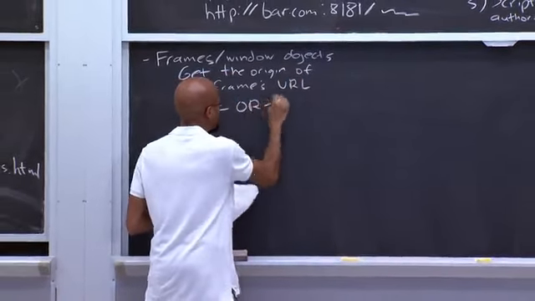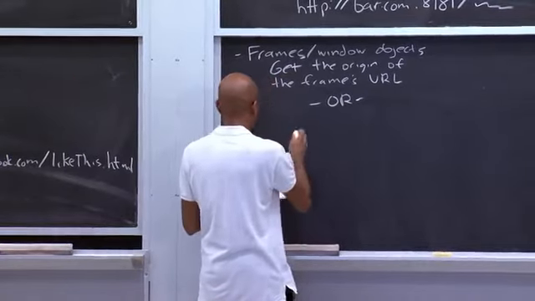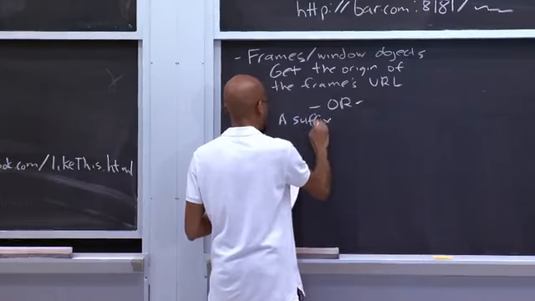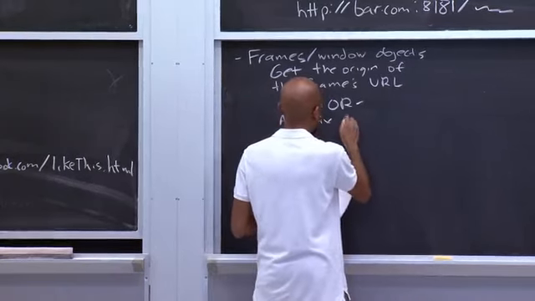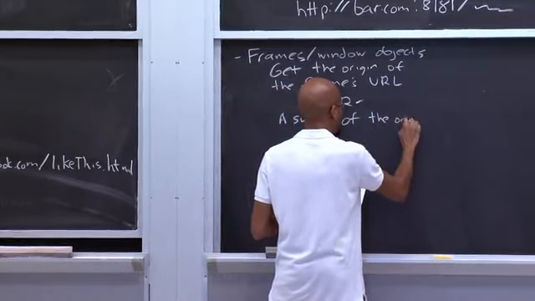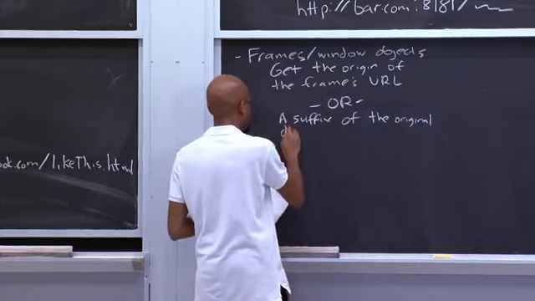Or, because there's always an or in web security, they can get a suffix of the original domain name, the original origin.